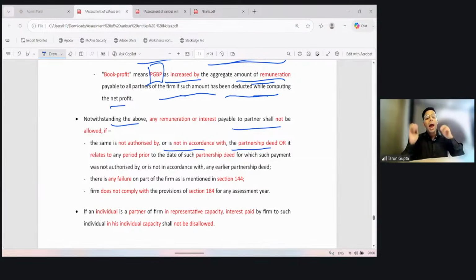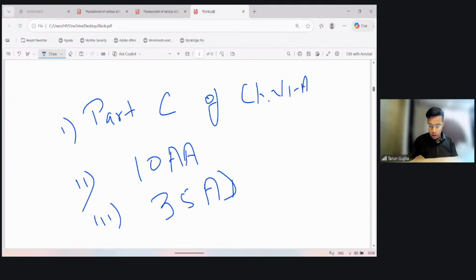And such authorization shall be prospective. So such interest or salary shall not be allowed if it relates to a period prior to the date of the partnership deed for which such payment was not authorized or is not in accordance with any earlier partnership deed. Let me explain.